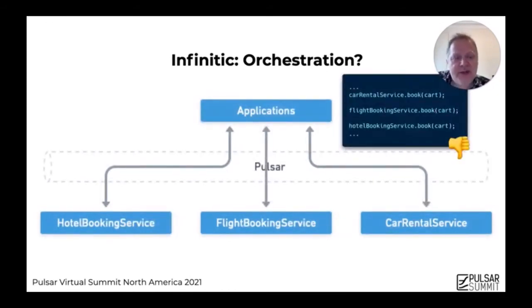You can also use this RPC mechanism and have something equivalent to a controller that calls the 3 services sequentially, for example. It works, but it brings some other problems. For example, if this application breaks and restarts from another message, these services will be called multiple times.